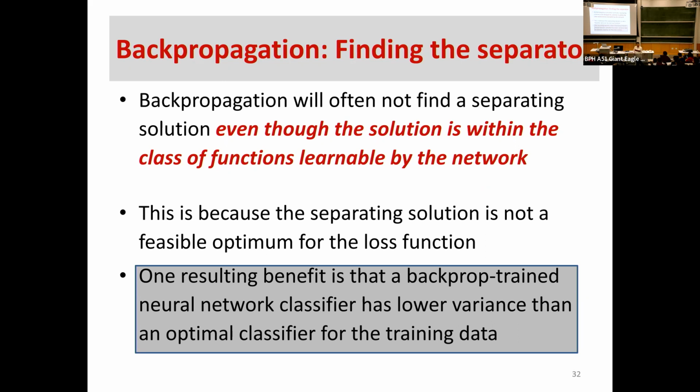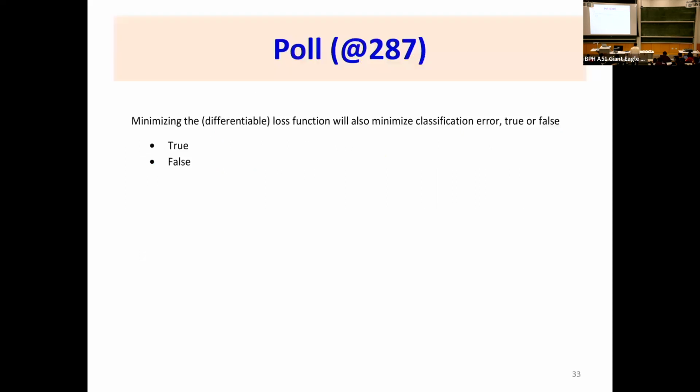It's not the optimum for your loss function. So one resulting benefit is that backprop trained neural network classifiers have lower variance than the optimal classifier for the training data. The optimal classifier for the training data is the one that actually separates the data, and that can vary a lot depending on the training data. The backprop trained model is not going to vary quite as much.